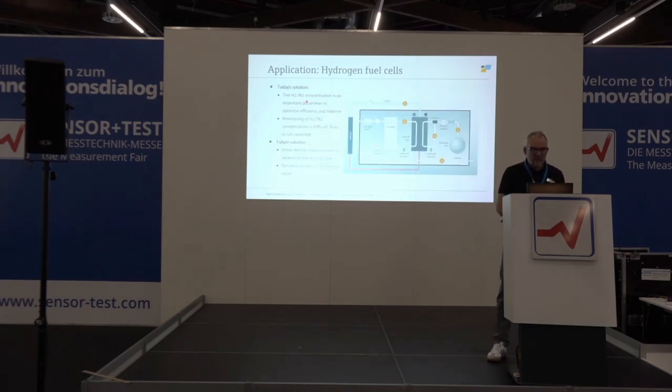Another application would be a hydrogen fuel cell, where you have to measure a hydrogen and nitrogen mixture, which can vary. You can monitor the concentration over density and correct the flow sensor. Then you also have the corrected flow value of this variable mixture of hydrogen and nitrogen.